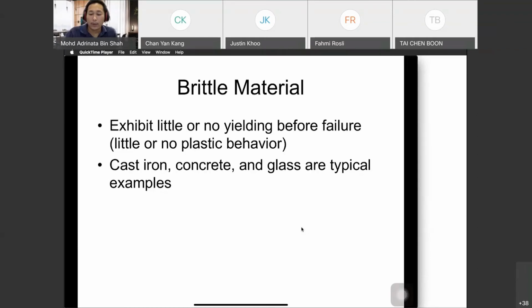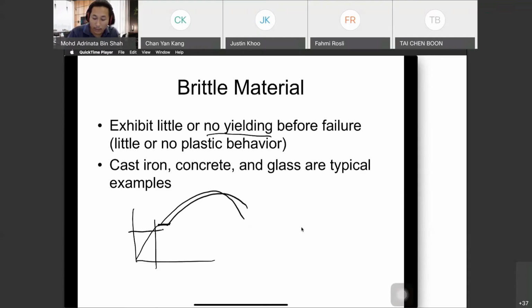Exhibit little or no yielding, no yielding. So from the stress strain diagram, okay, this is the elastic region, and somehow this is actually yield, the flat line. No yielding. This is ductile, and this is brittle.